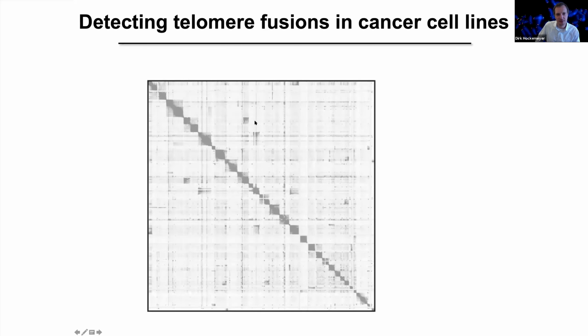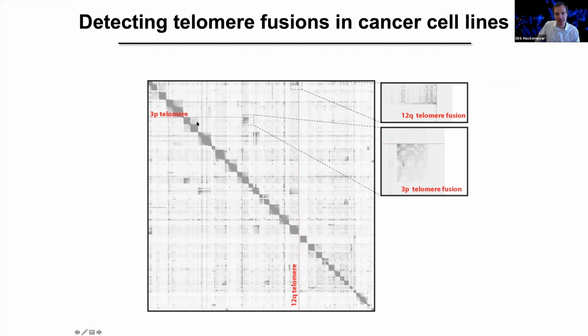And if we zoom into this, then you can appreciate that, for example, on this off-diagonal contact, this is a part of the genome where the 12q telomere makes contact to some part of chromosome 1. So this is a 12q telomere fusion that is somewhere translocated to a part of chromosome 1.